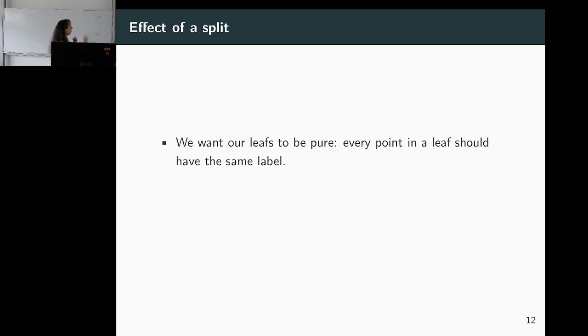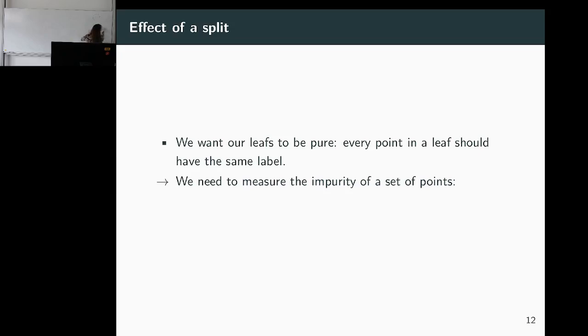If the leaf has examples with different labels, we are not so sure. So our loss function needs to measure the impurity of a set of points, whether it's a leaf or a node. We have some set of points which fall here: in the beginning we have all the points, then after a split we have only the points which answer the first question as yes, and so on.